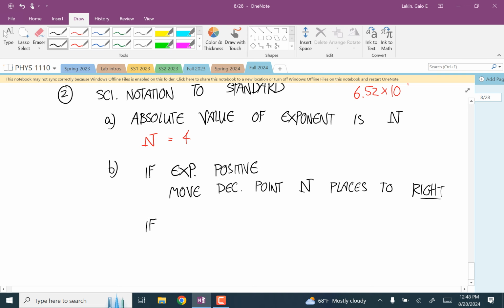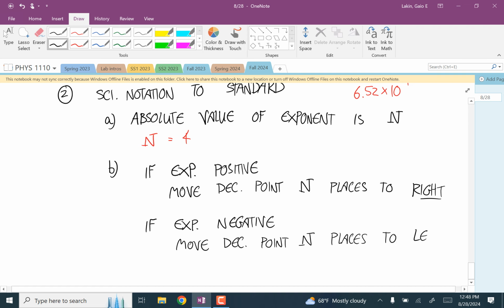And if the exponent is negative, then move the decimal point n places to the left.